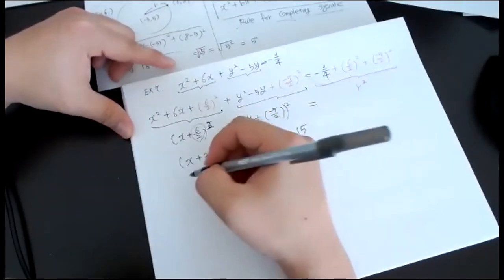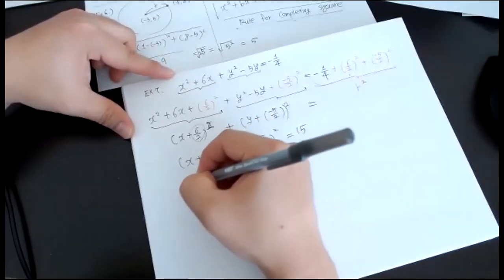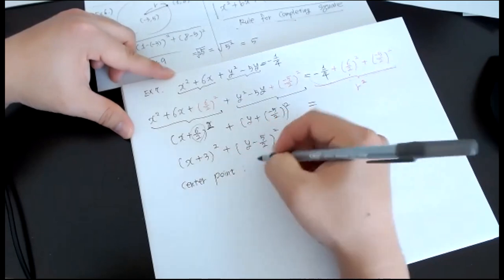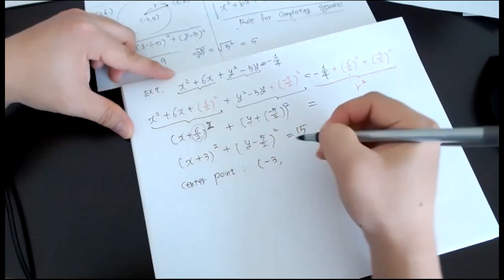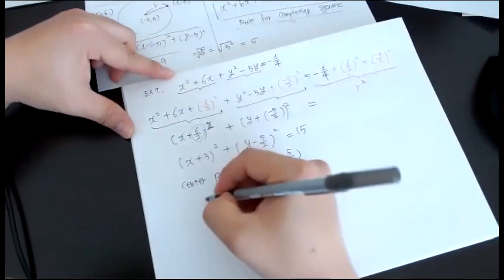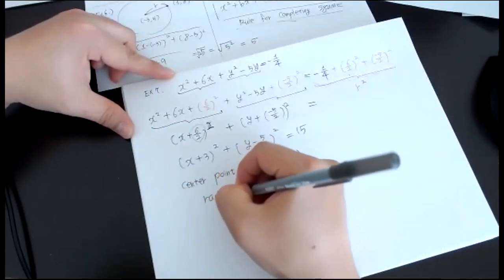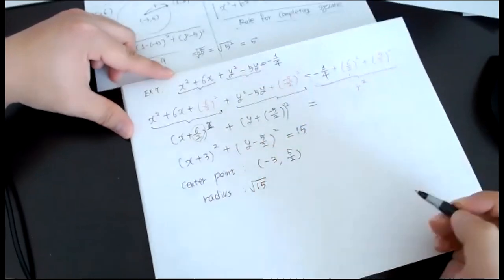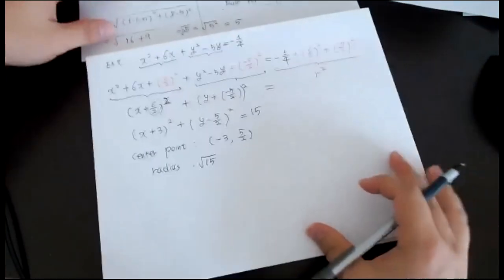So h is negative 3, which means the center point is (negative 3, 5/2), and the radius is the square root of 15.